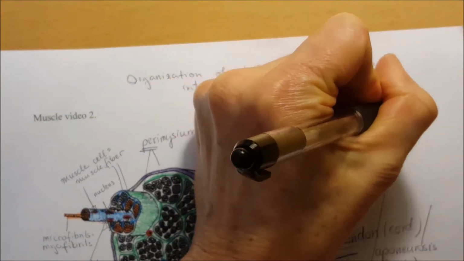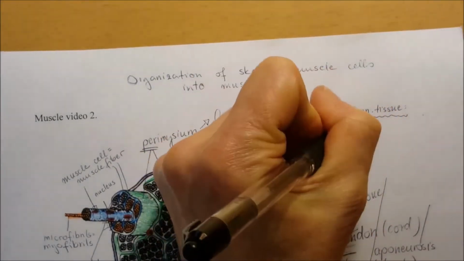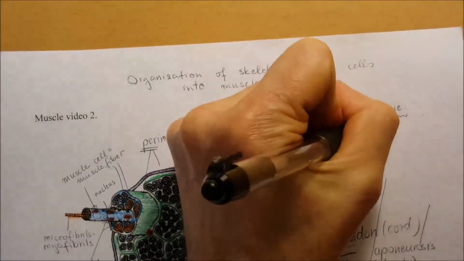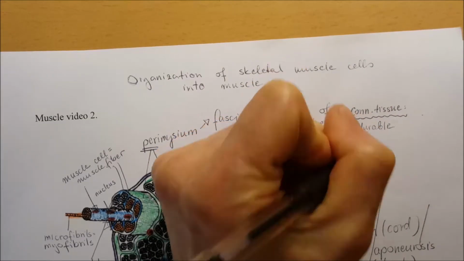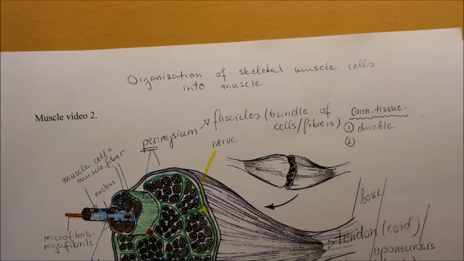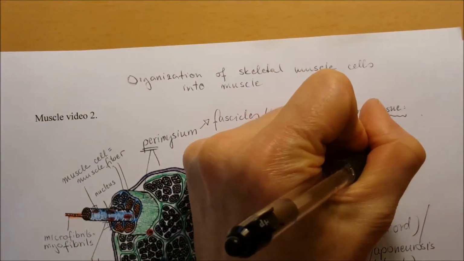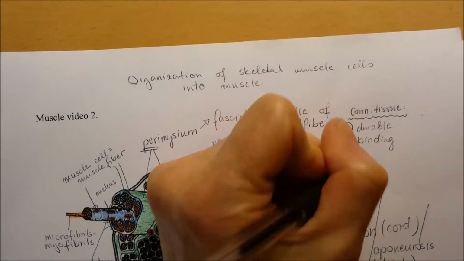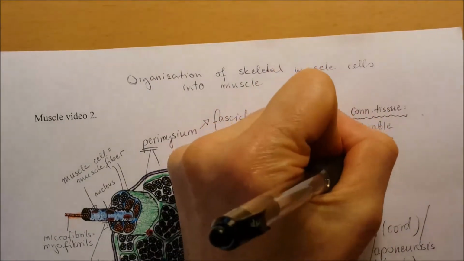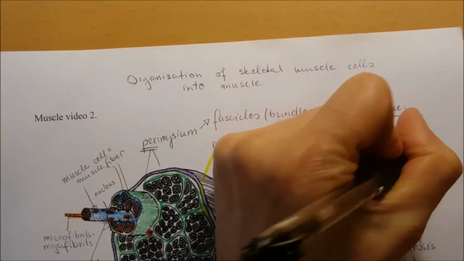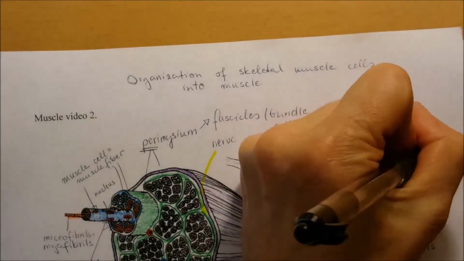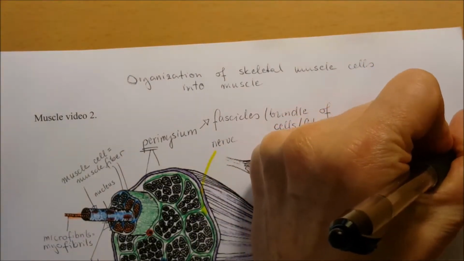What is the purpose of the connective tissue? It provides durability. It's a very tough tissue, and the muscle spans over bony structures, and the muscle would be destroyed otherwise. Also, it's compressible and can pass over joints easily.